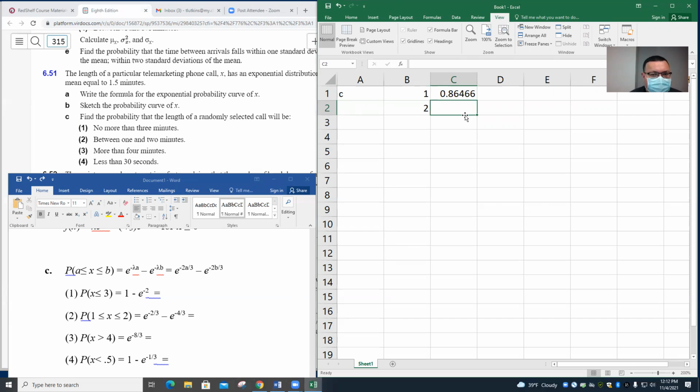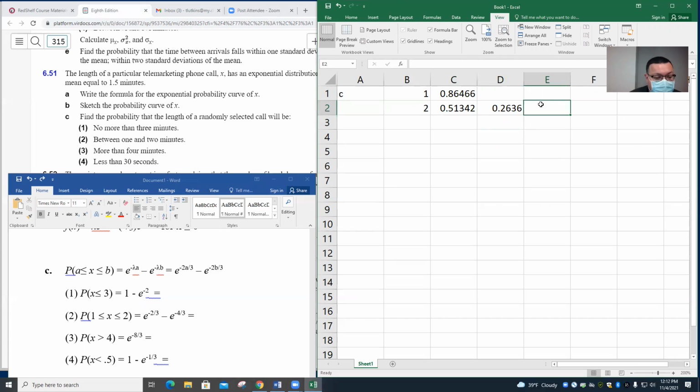For this one, I'm going to do a two-parter. I'm going to do equals exp to find our e, and then we just do -2 over 3. But we're not done yet because we still have to do the second part. So I'm going to do equals exp, and then we need -4/3, so -4 divided by 3.